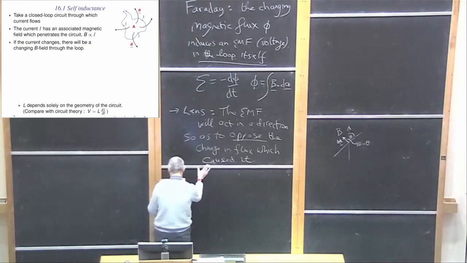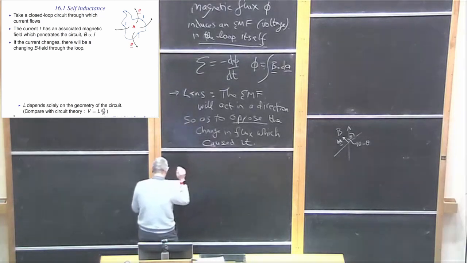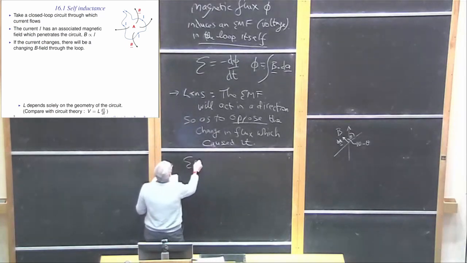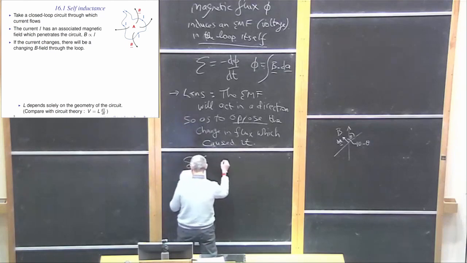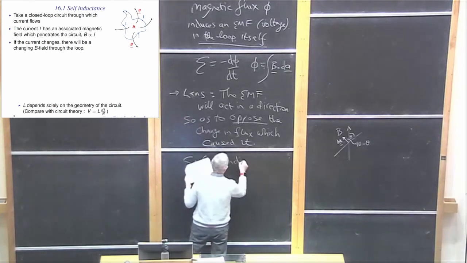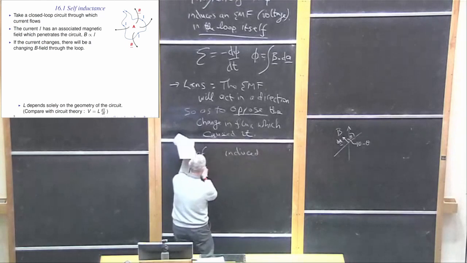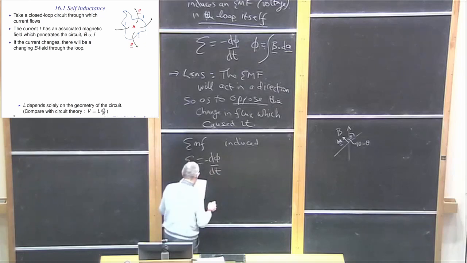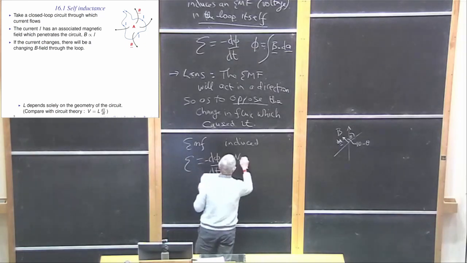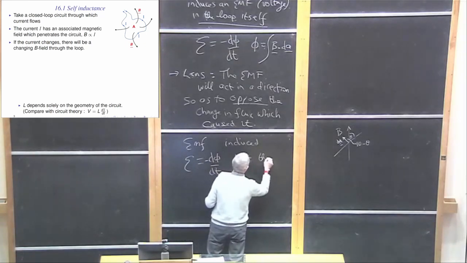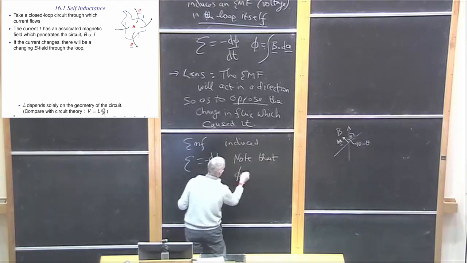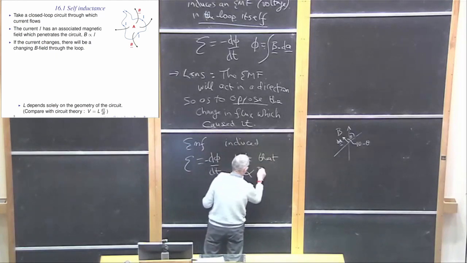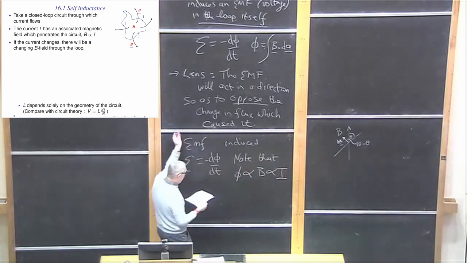So it poses an impedance. I'm writing this down again: EMF induced equals d phi by dt, and there's a minus sign there. And note that it's all linear. Phi is proportional to B, which is proportional to I. So everything is linear.